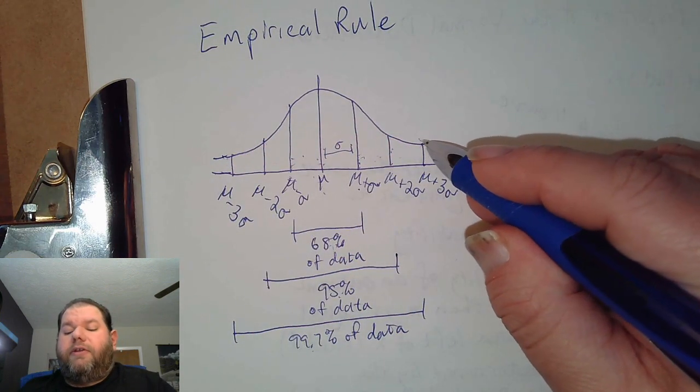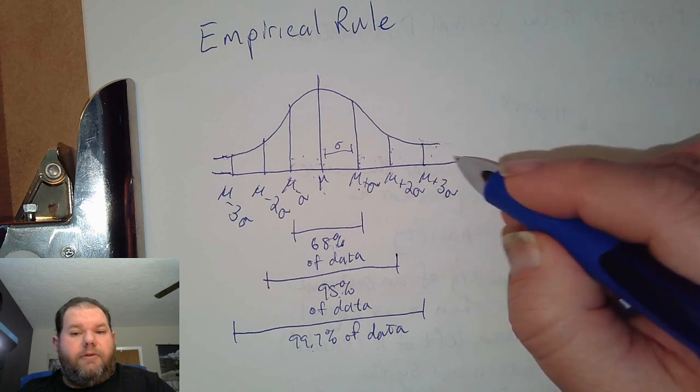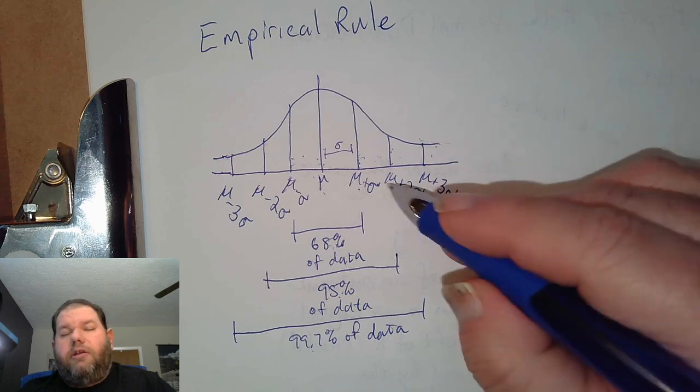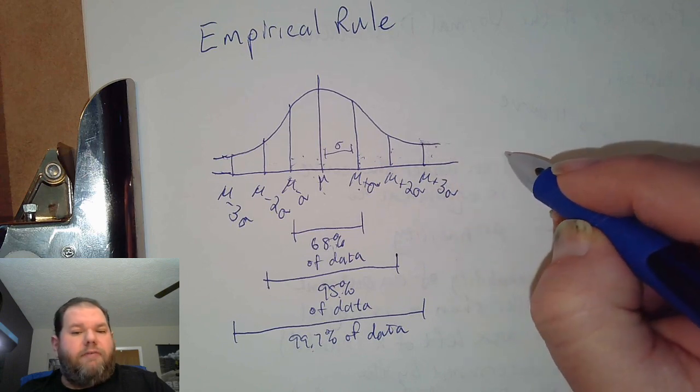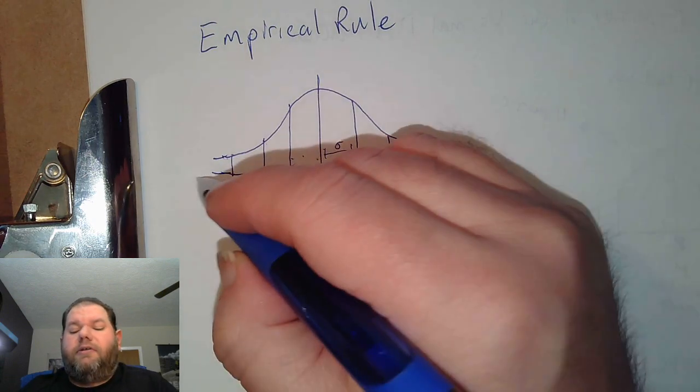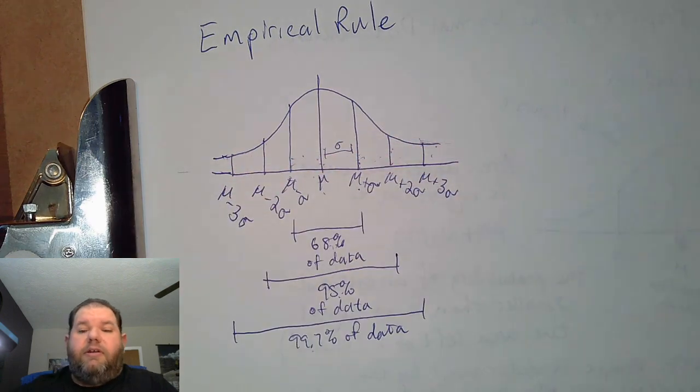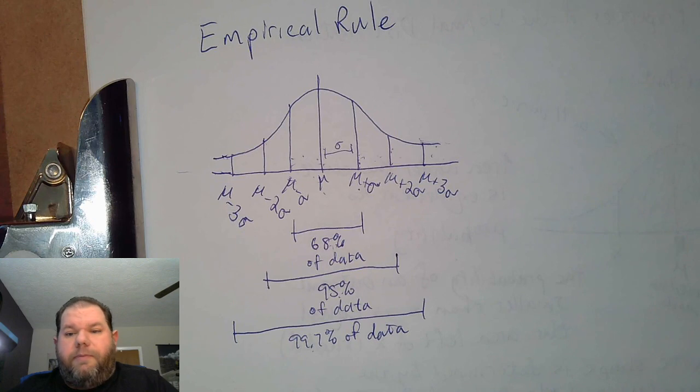So in a way, this curve is an asymptote, or the horizontal axis is an asymptote where the curve will approach it but never technically intersect. Okay, and that's on both sides. So if you remember that from algebra class, we do have a horizontal asymptote here. Again, this doesn't affect anything that we need to do to be able to solve these problems, but I just want to go through the basics of what it is that we're looking at here.